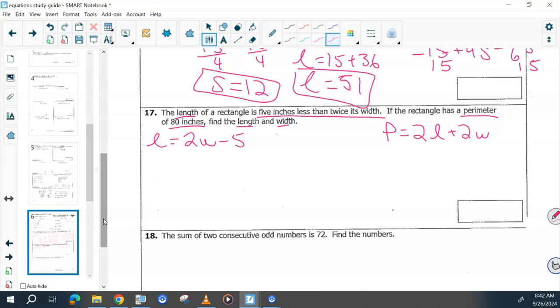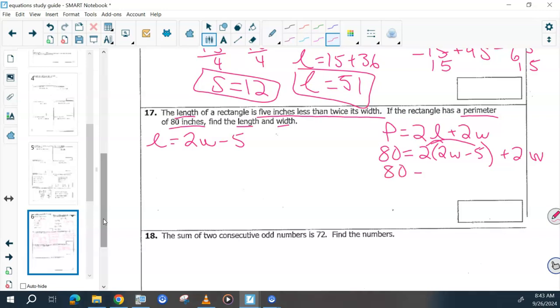And then as we did before, we can take that equation and put it in for L and then start this off. So use parentheses and replace P with 80. So replace P with 80, put that equation for L in for L. Start to solve this like a normal problem. Distribute the two.